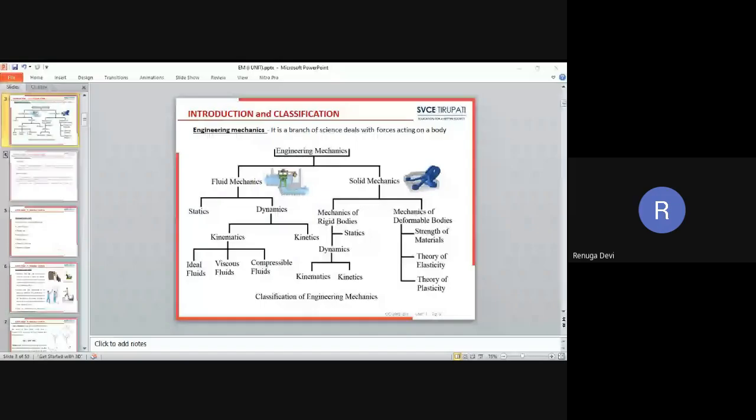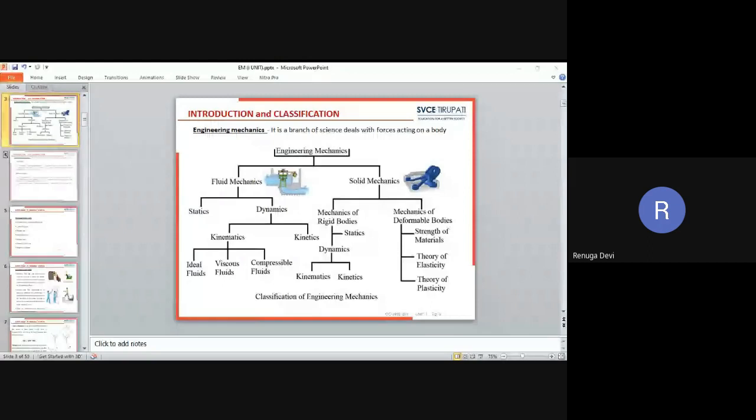This is a very important law: parallelogram law, polygon law, and transmissibility law. In these laws, Newton's first, second, and third law, you know very well. And in this mechanics, we come to force resolving. Lami's theorem, transmissibility law, and Varignon's theorem play a vital role in all the forces involved.